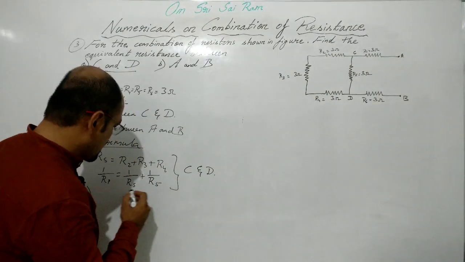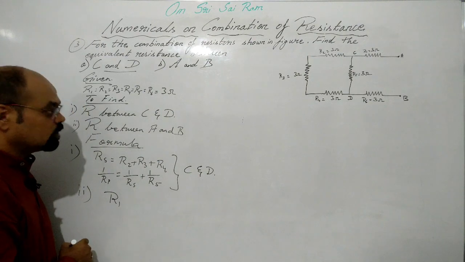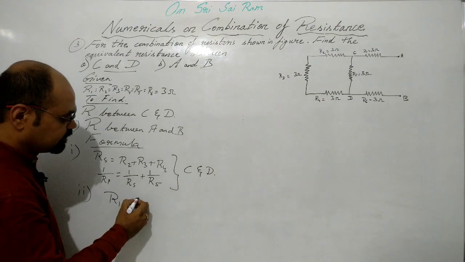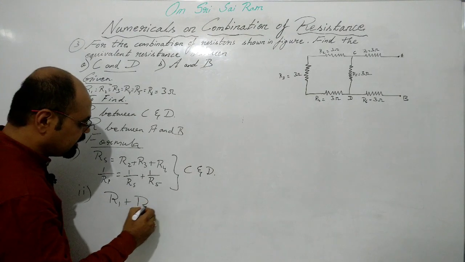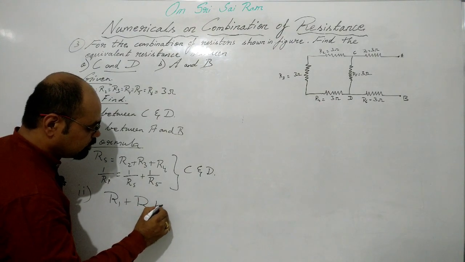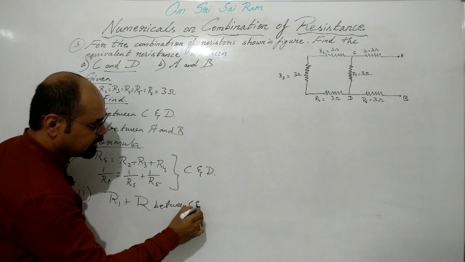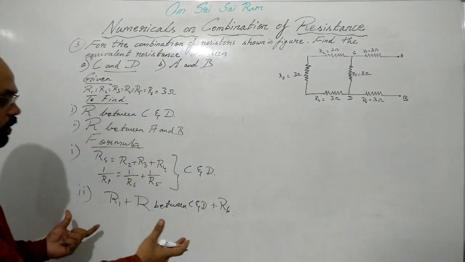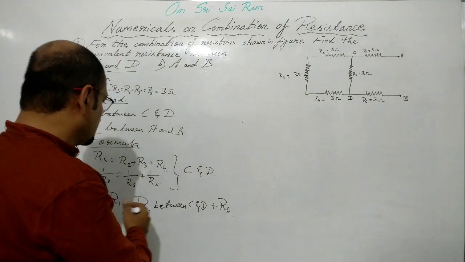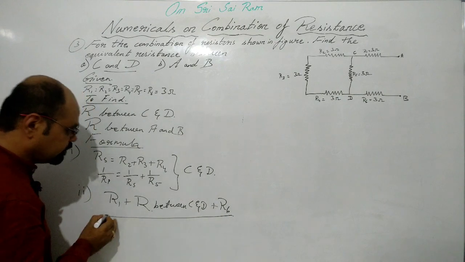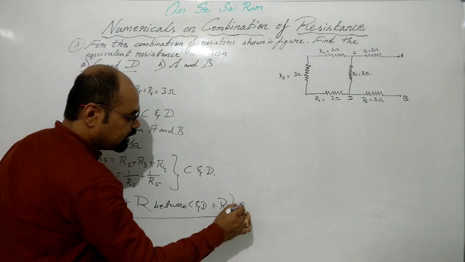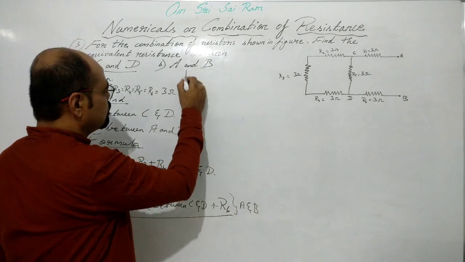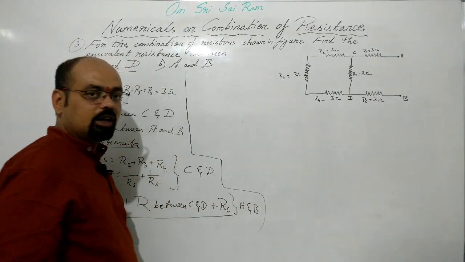So we can take R1 plus the total resistance between C and D, plus R6, will give you total resistance between A and B. Okay, this is the total resistance between A and B. Okay, now let's go for the solution.